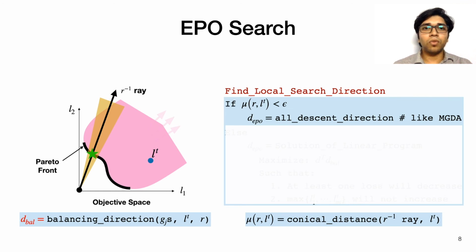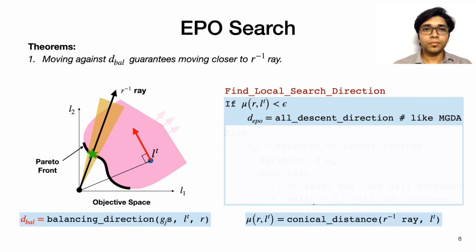But how does it work on the objective space? The local movement created by this direction is always perpendicular to the loss vector and faces towards the R inverse ray. In fact, we proved it theoretically that moving against this balancing direction guarantees that the loss vector will move closer to the R inverse ray.